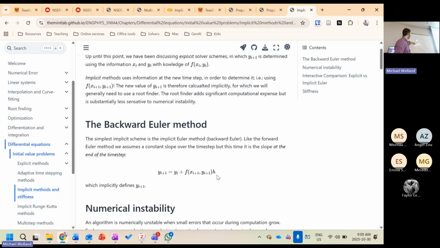This is forward Euler because we're going to say y at i plus 1 is y_i plus h a y_i. What backward Euler is going to do is y_i plus h a y at i plus 1.